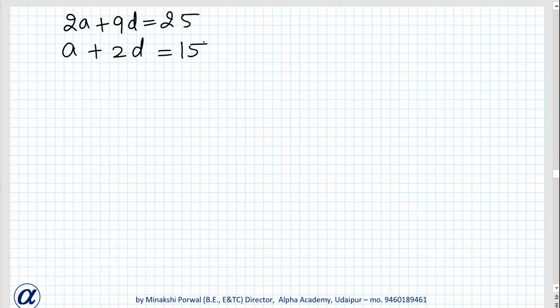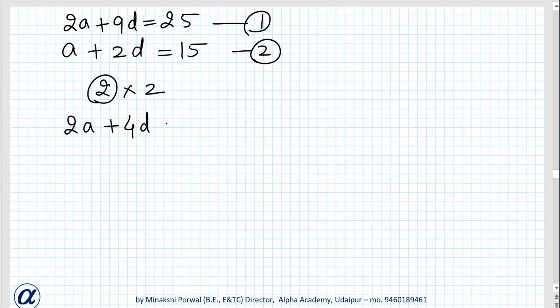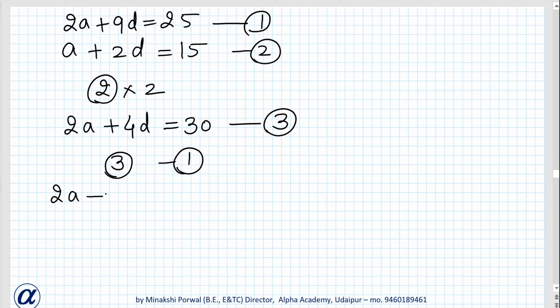We can't do it directly by just subtracting. So what we'll do, we'll multiply the second equation by 2 to make this 2A. So it will be 2A plus 4D equals 30. This is equation 3. Now equation 3 minus equation 1. So 2A plus 4D minus 2A minus 9D equals 30 minus 25.